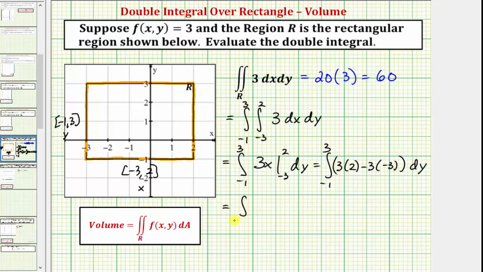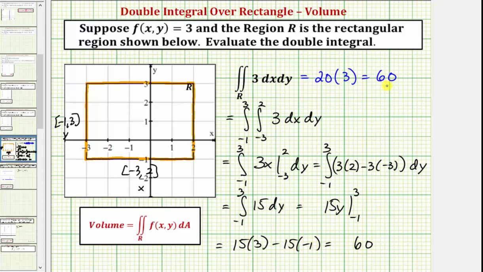So we have the integral from -1 to 3 of 15, integrated with respect to y. So we'd have 15y, which we now evaluate at 3, then -1, and then find the difference. So we have 15 times 3 minus 15 times -1. This is going to be 45 minus -15, or 45 plus 15, which equals 60.